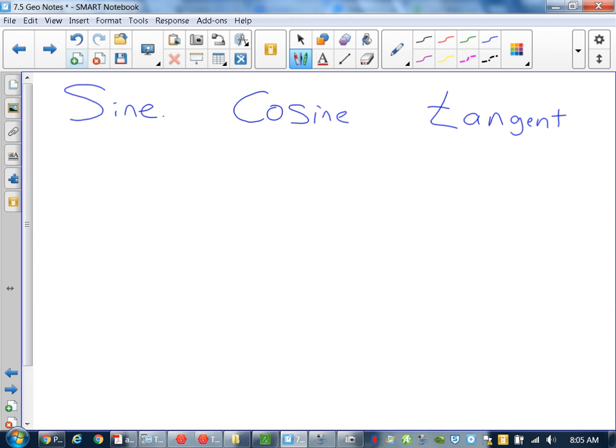So you have sine, cosine, and tangent. Now, we abbreviate them because nobody likes to write more letters than they need to. Okay. So let's look at what's called the sine of an angle. The sine of some angle. I'm going to use this value of x.